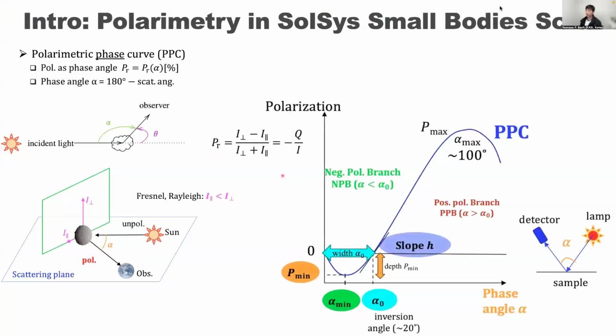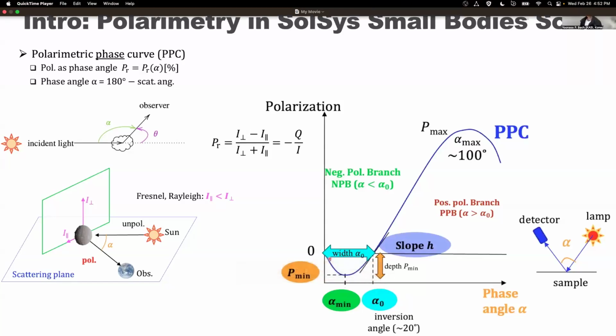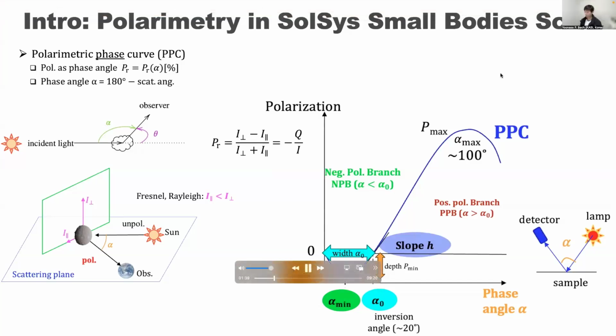If we plot this P value as a function of phase angle alpha, then virtually for basically every single experiment, laboratory samples and also celestial objects, we always see this characteristic curve. It becomes negative first, and it changes its sign around the inversion angle, 10 to 30 degrees, and then it peaks at around 100 degrees or something like that.